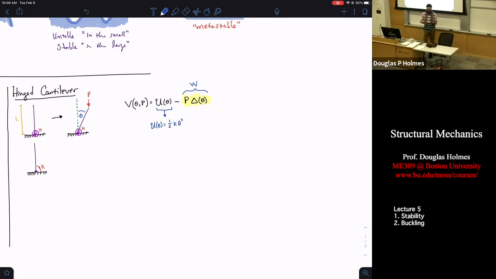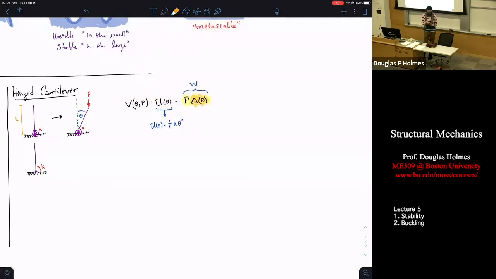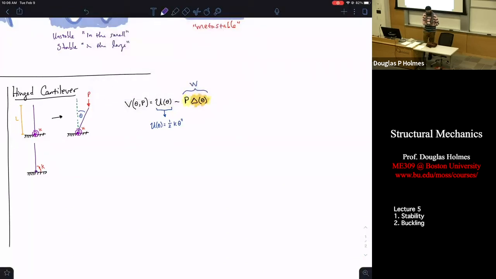Delta is a little bit tricky, so let's just do some geometry here. What we want to find is this thing. So we can redraw this.